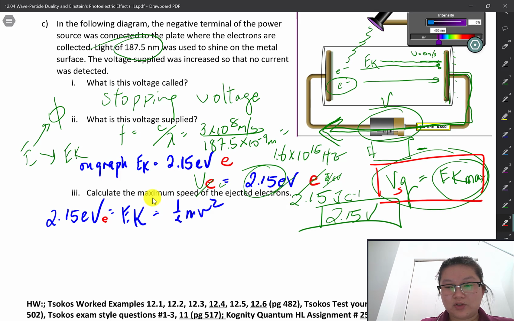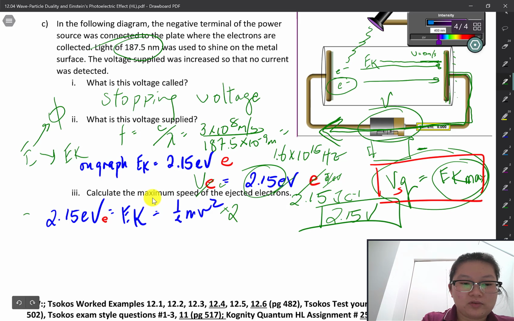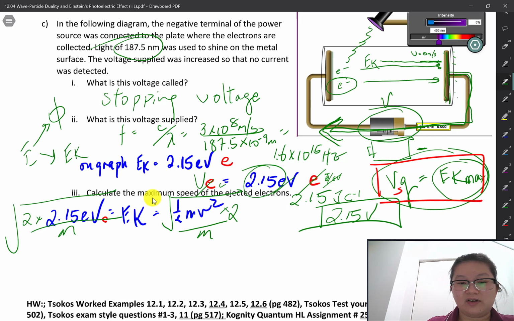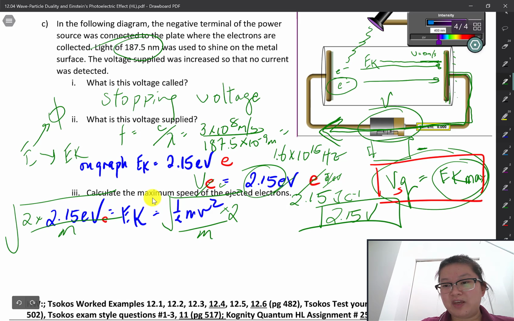Okay, so doing a bit of algebra, this means that I am going to times both sides by 2. I'm going to divide both sides by the mass. And not to forget, I have to take the square root of both sides to get the speed by itself.